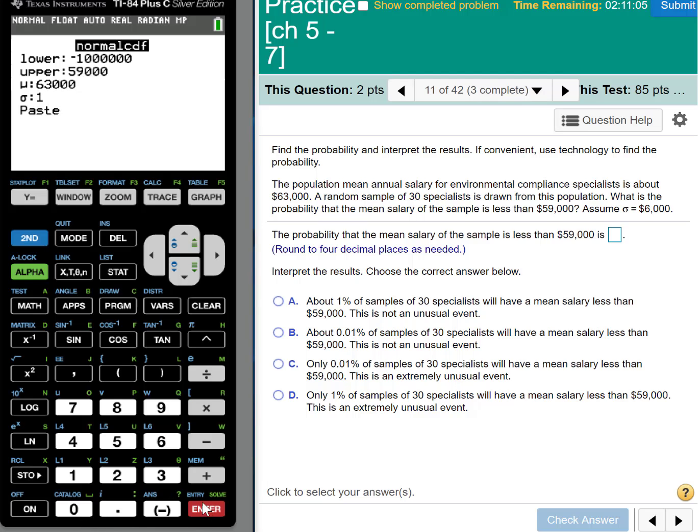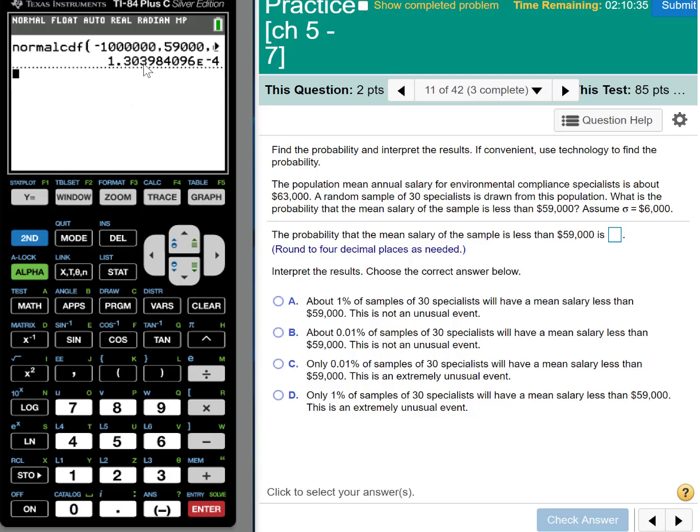What is the standard deviation? Remember, since this question is about X bar, the standard deviation is not only 6,000. It's 6,000 divided by the square root of the sample size. So it's going to be, guys, 6,000 divided by the square root of 30. If you don't put the square root of 30, you're going to get a wrong answer. So enter, paste, and that would be the answer.